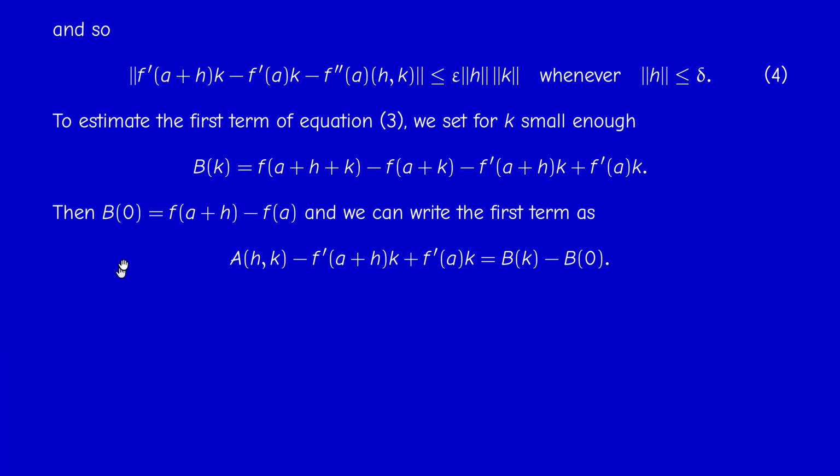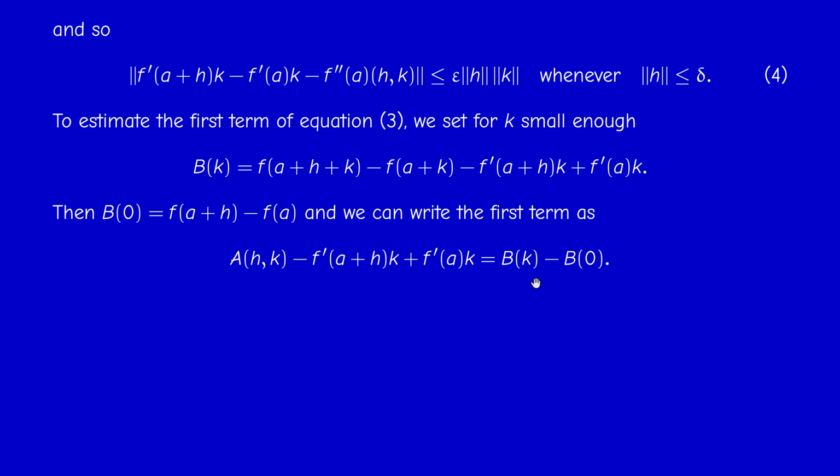And when I put k equals 0, I get f of a plus h minus f of a, and this is 0 because k is 0. And therefore the first term, which is f of a plus h plus k minus f of a plus k minus f prime of a plus h in the direction k plus f prime of a in the direction k, is just b of k minus b of 0, as you can check easily.